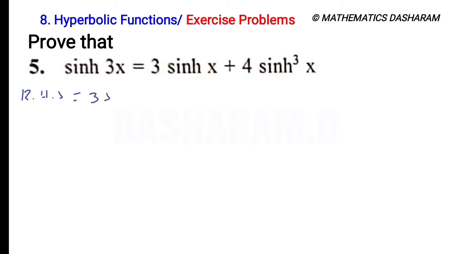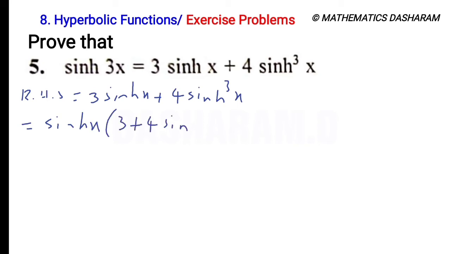So 3 sinh x plus 4 sinh cube x. From this we can take sinh x common. So sinh x times (3 plus 4 sinh square x). But the sinh x formula is e to the power of x minus e to the power of minus x, by 2.